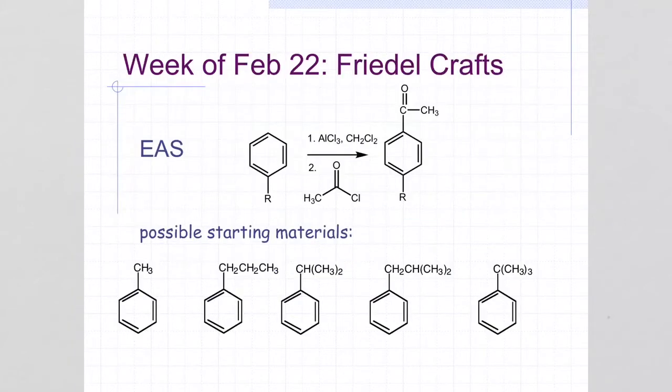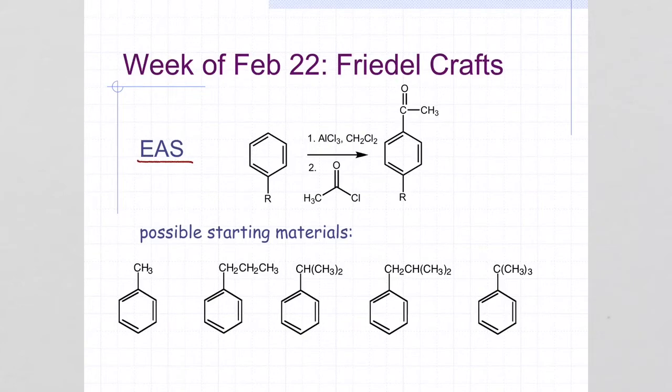So this week, as I said, you're going to be doing a Friedel-Crafts acylation. This is an example of a reaction called electrophilic aromatic substitution, or EAS. And as I mentioned a second ago, it's the same as the nitration reaction that we did. We will be discussing the mechanism of this in a few weeks.